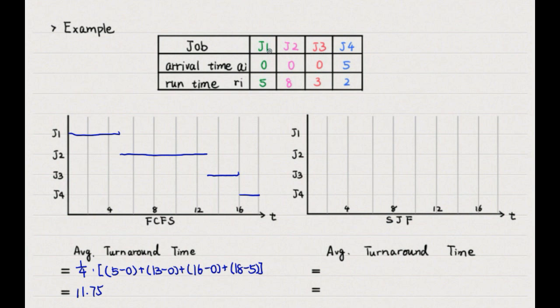Now we will use the shortest job first scheduler. At time t equals 0, J1, J2, and J3 have arrived. J3 has the shortest runtime of 3, so we run J3 for 3 seconds. Next, at time t equals 3, J1 and J2 have arrived, and J1 has the shortest runtime of 5, so we run J1 for 5 seconds from 3 to 8.